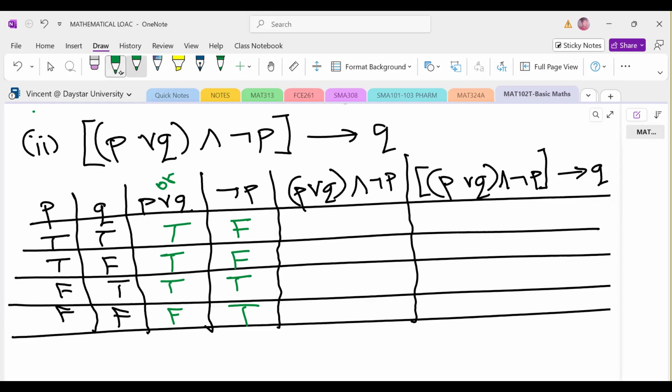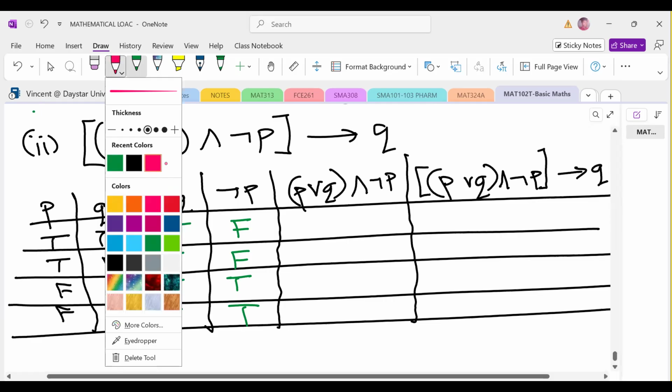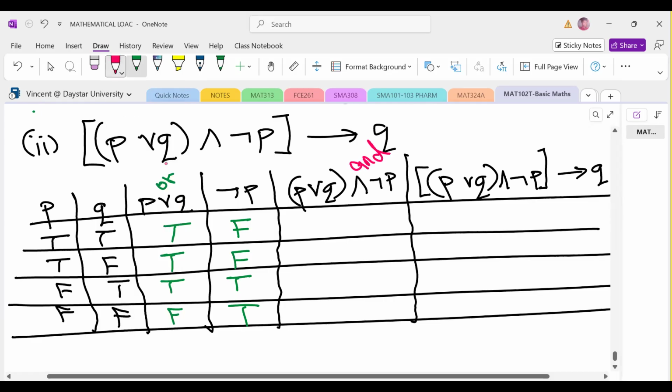Now here, what is the main operation in this next column? And. It's just a conjunction, okay? So the main operation is the and. So we are relating column 3 and column 4 using and. So true and false gives false.